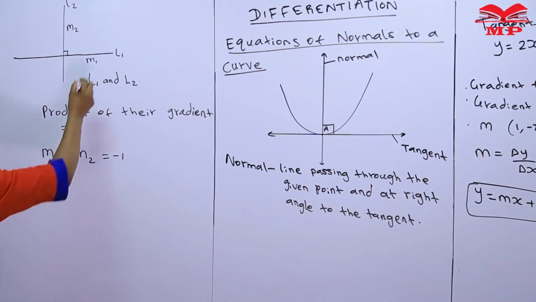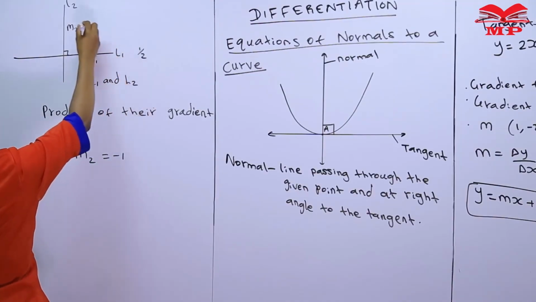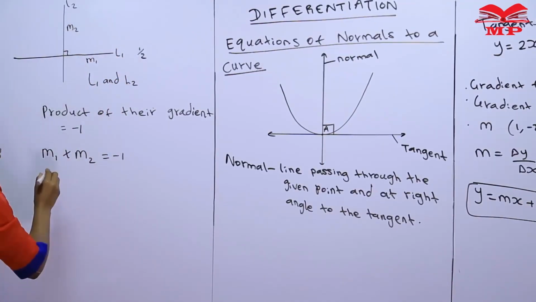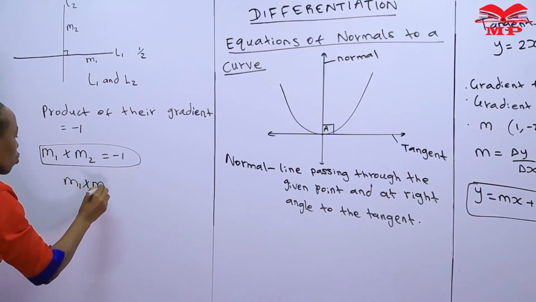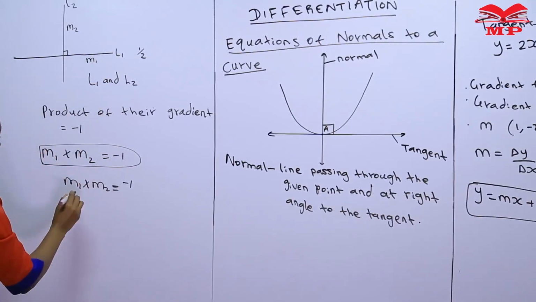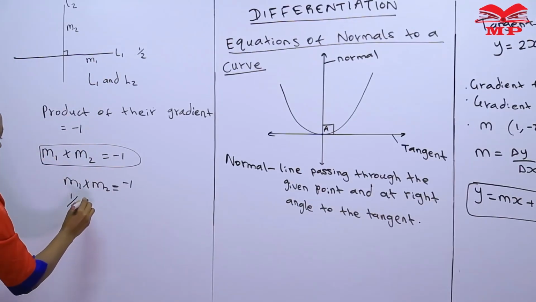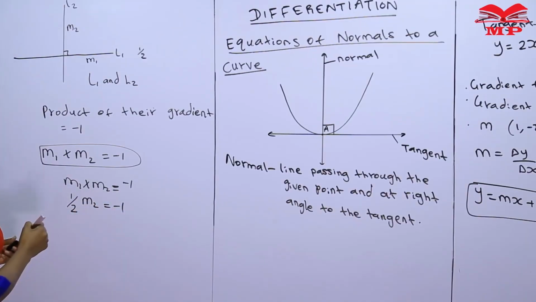If M1 is a half and you don't know M2, then a half multiplied by M2 is equal to -1.